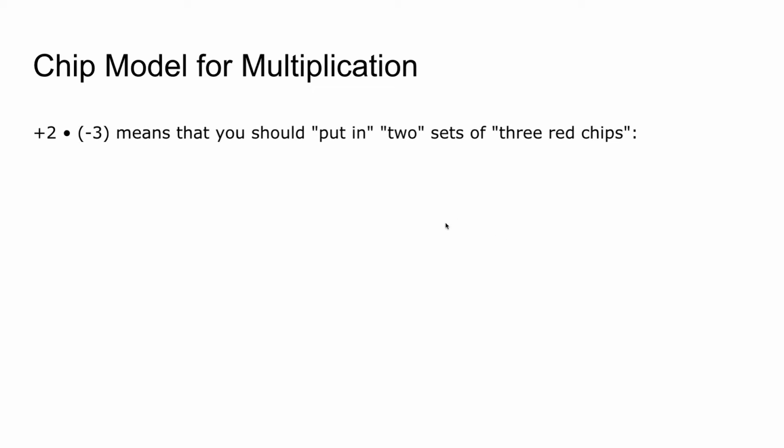So here's one example, positive 2 times negative 3. We are putting in, because it's a positive, two groups of negative 3. So we are putting in two groups of 3 red chips.